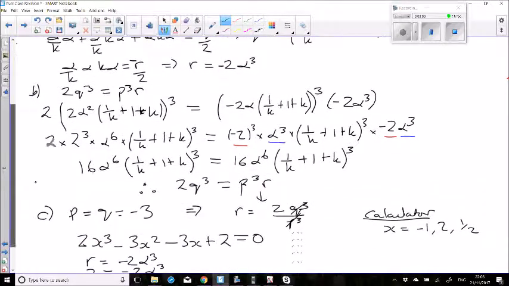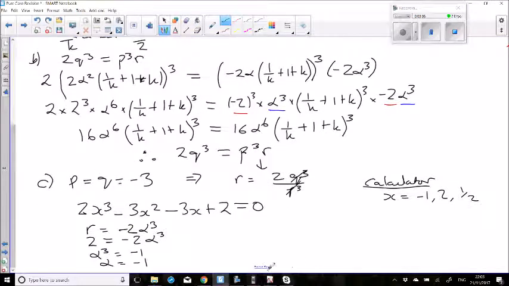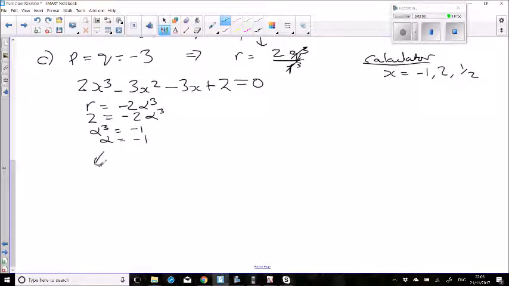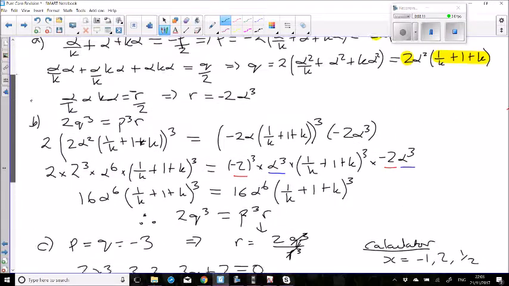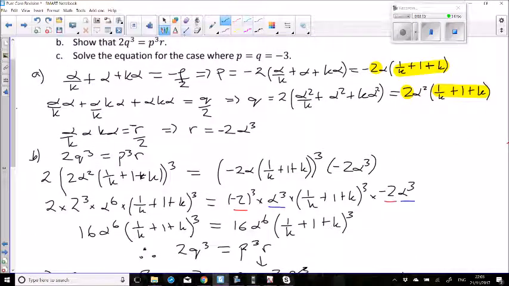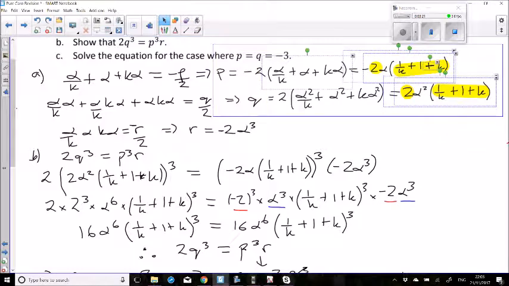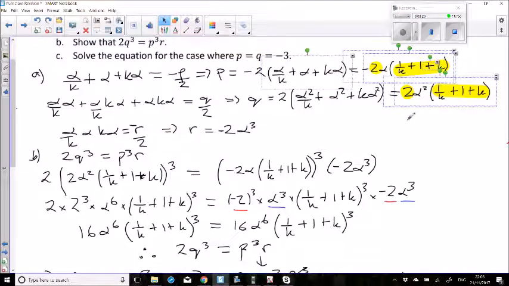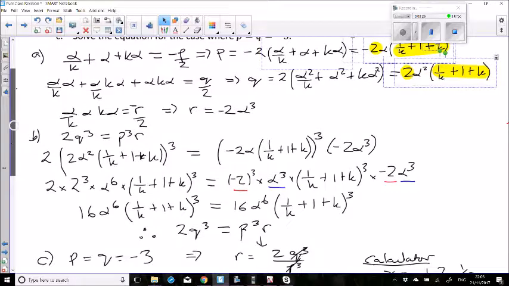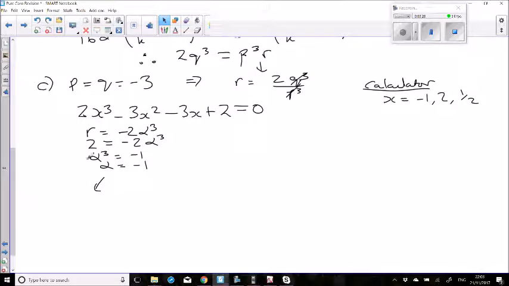Once you've done that, you've got a couple of choices. There are lots of ways to solve this. One way is we could then find out what k is. To find out what k is, you've got to use one of the two equations up here, where we had p and q. I don't know if I'm going to be able to copy those down, but they're the ones we would use. So you'll need to use the fact that p equals -2 alpha over 1 over k plus 1 plus k.